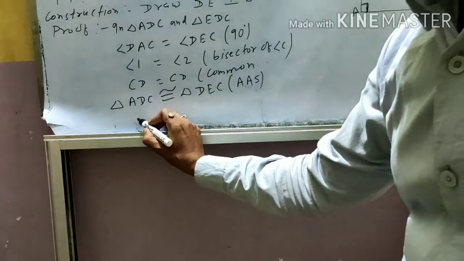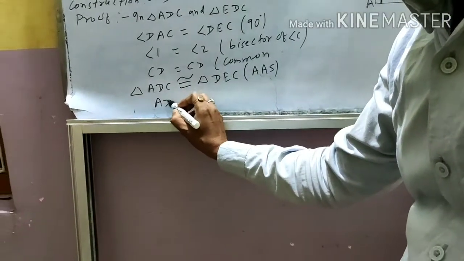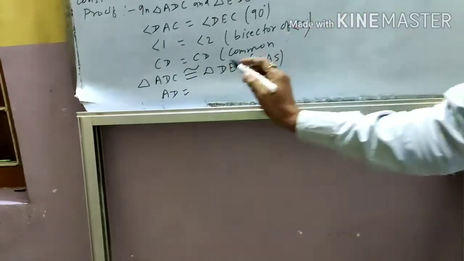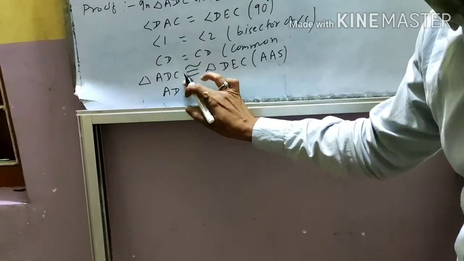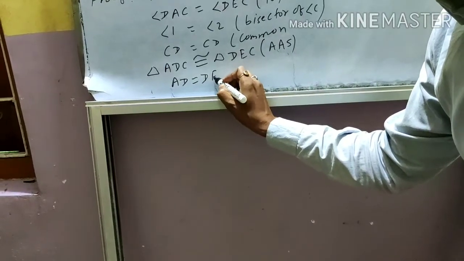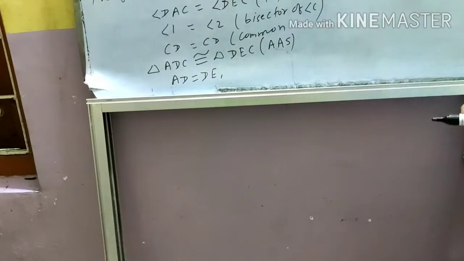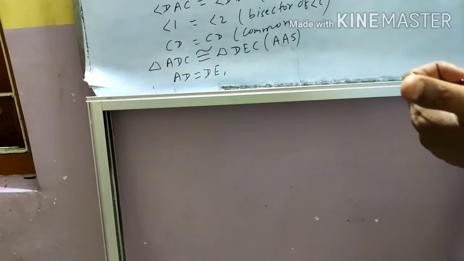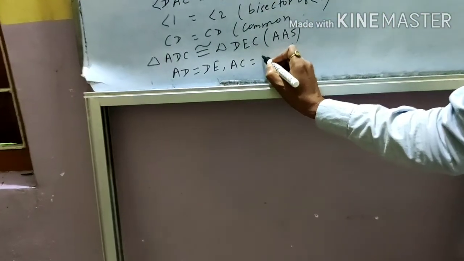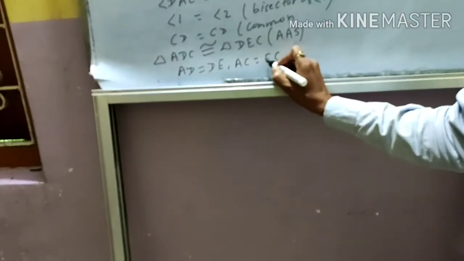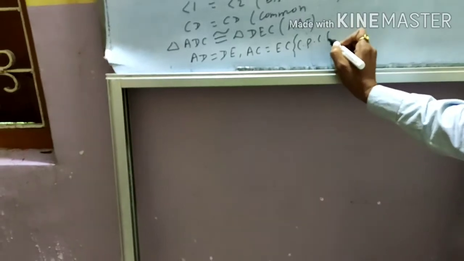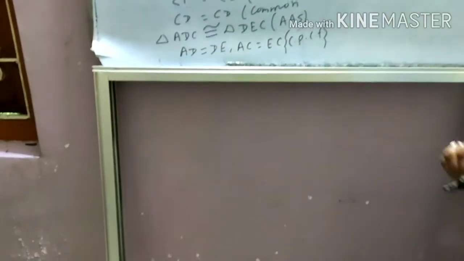Here by CPCT, AD is equal to DE. First thing. Second thing, AC is equal to EC. Take these two by CPCT, corresponding parts of congruent triangles.